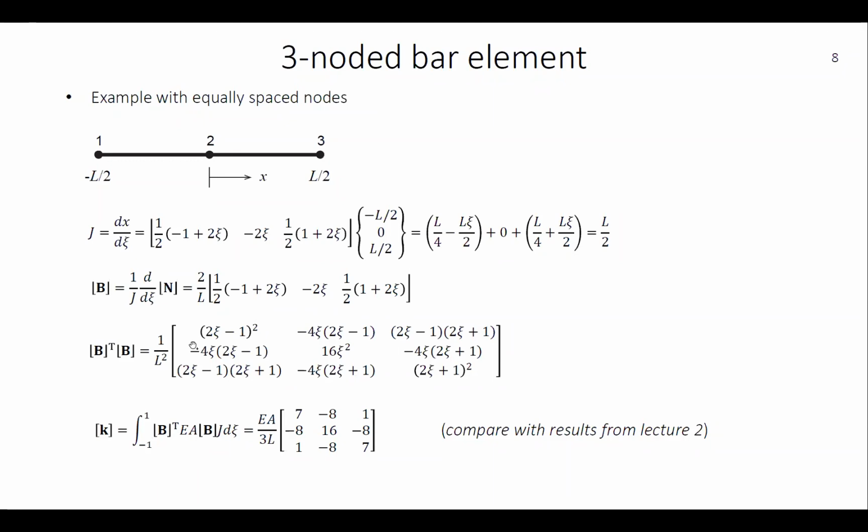I'm not going to go through the integration, but obviously you can integrate all these components fairly easily as the integral with respect to the parameter xi. And when you rearrange this a little bit, you will end up with an expression looking like this: EA over 3L, and this 3×3 matrix, 7, minus 8, 1, minus 8, 16, minus 8, 1, minus 8, and 7.